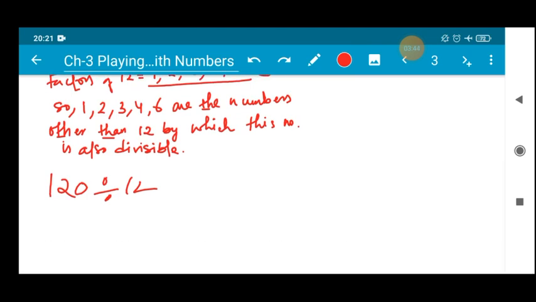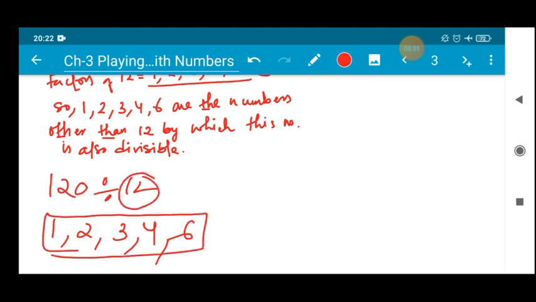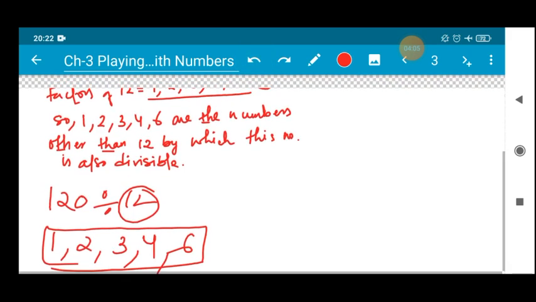You can see 1 can divide 120, yes. Next 2, 60, yes. 3, 40, yes. 4, 30, yes. 6, 20, yes. Is there any other number? Basically the factors of 12 can divide this number, right? So this is the concept actually.